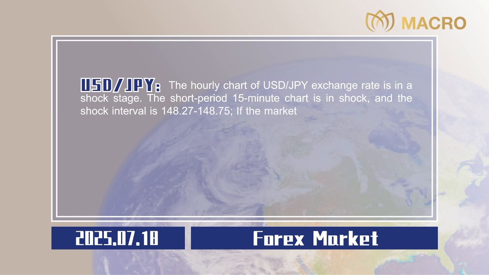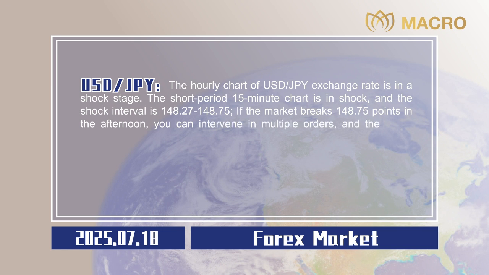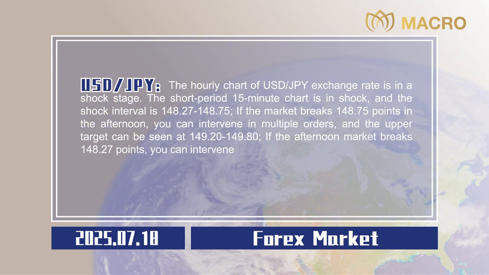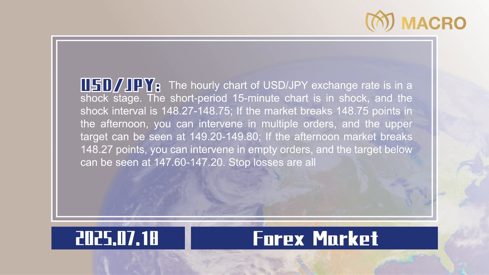If the market breaks 148.75 points in the afternoon, you can intervene in multiple orders, and the upper target can be seen at 149.20 to 149.80. If the afternoon market breaks 148.27 points, you can intervene in empty orders, and the target below can be seen at 147.60 to 147.20. Stop losses are all 20 points.